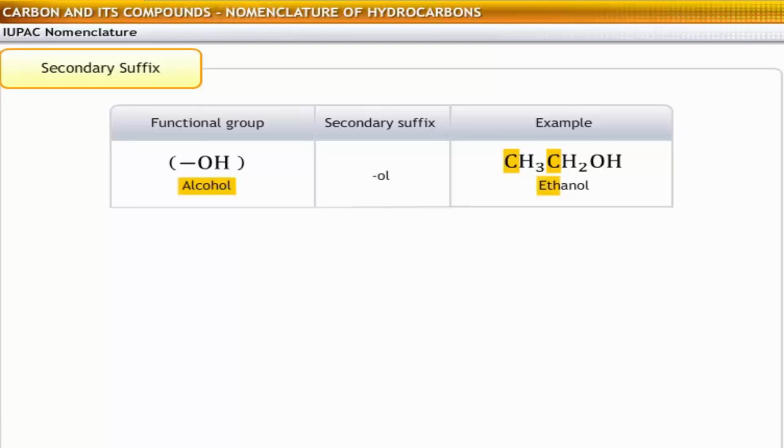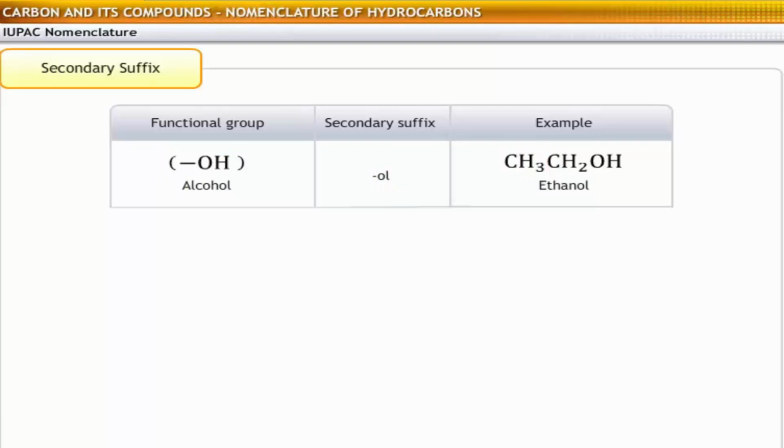It is saturated, so the primary suffix should be "ane". But as there is a functional group OH in the molecule, remove the e from the name of the molecule and add the secondary suffix "-ol". Therefore, the IUPAC name of ethyl alcohol is ethanol.